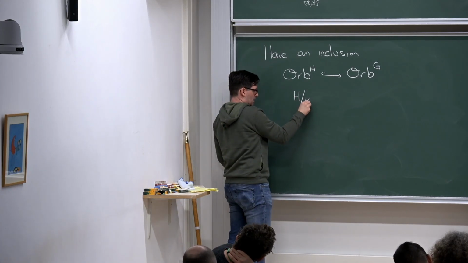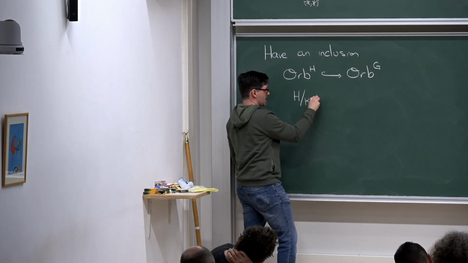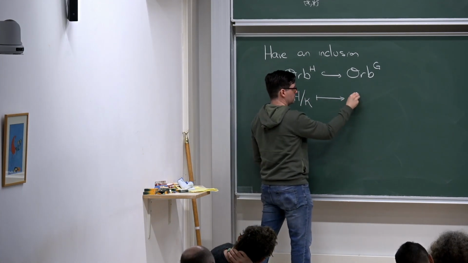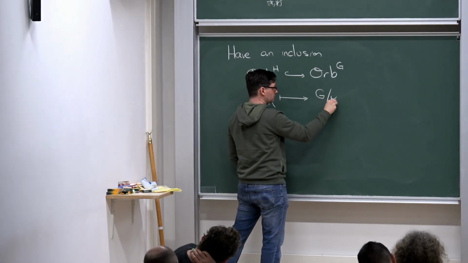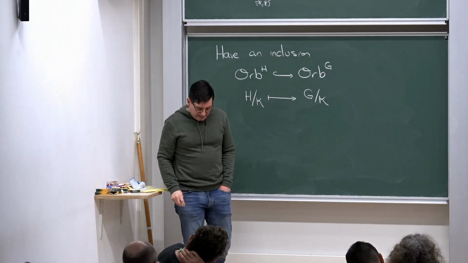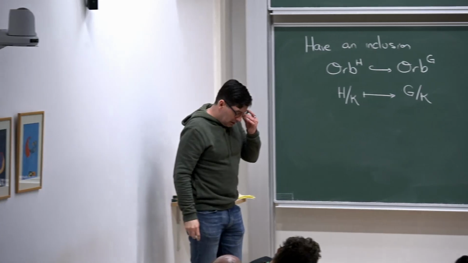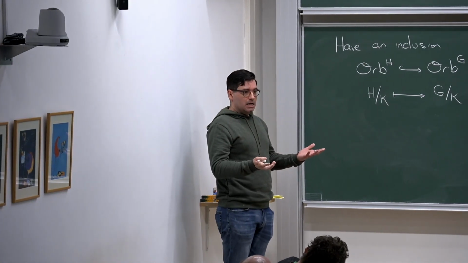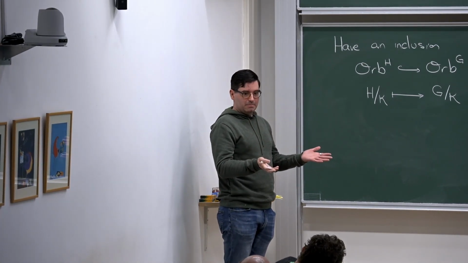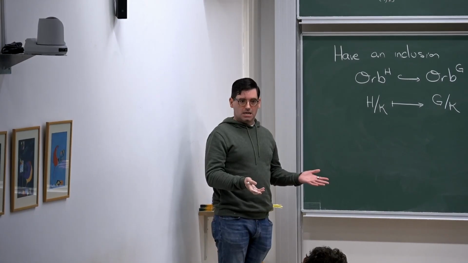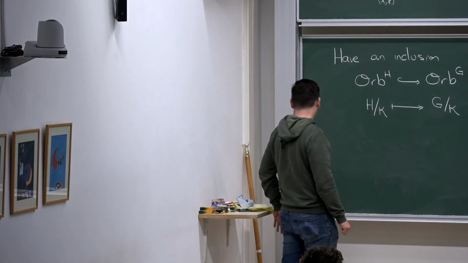So I take an orbit H mod K and I send it to G mod K. So I said inclusion, but this isn't a fully faithful embedding. This is a faithful embedding inside.